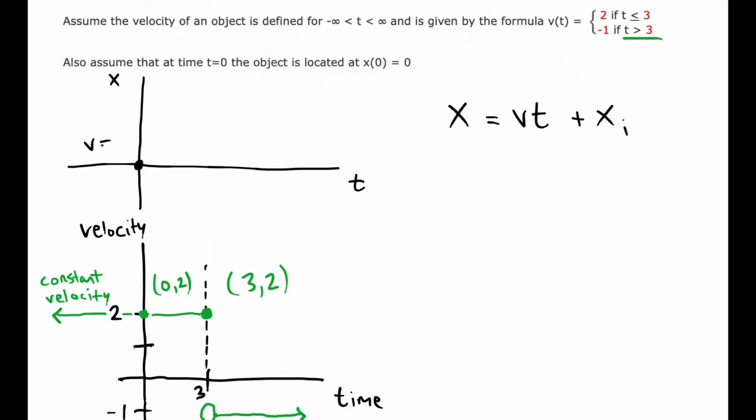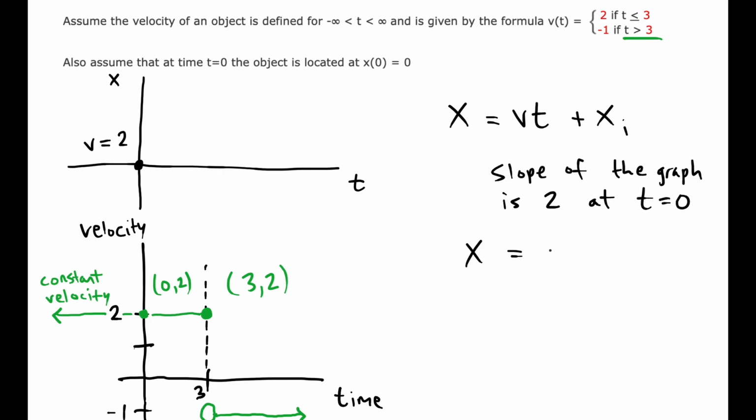The velocity is 2, according to this part of the piecewise definition. Since the velocity is 2, we have to figure that the slope of the graph is 2 at t equals 0.